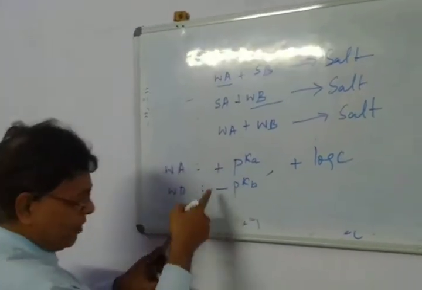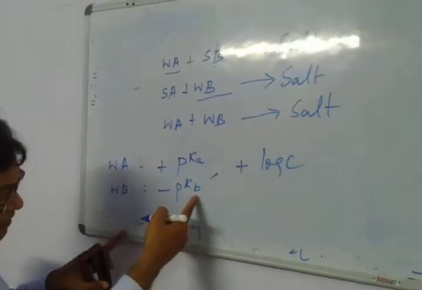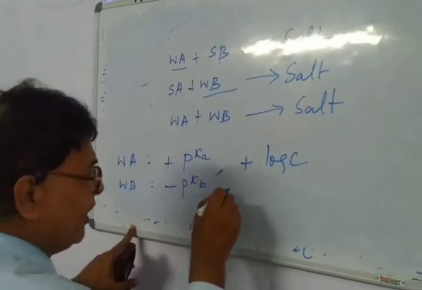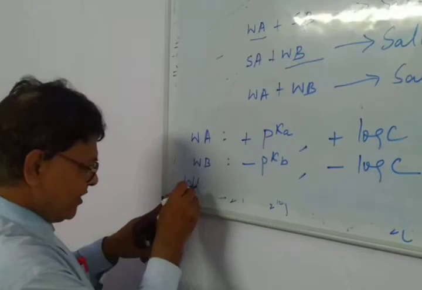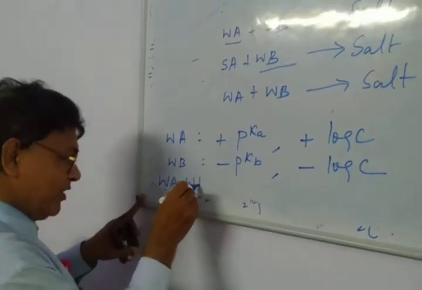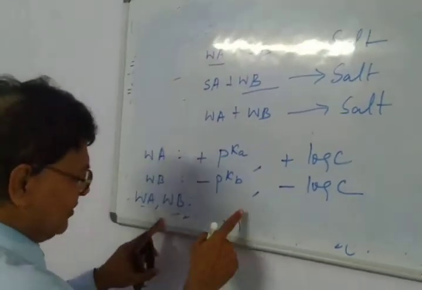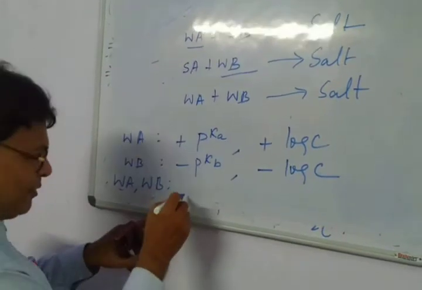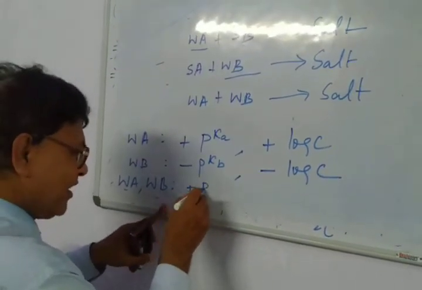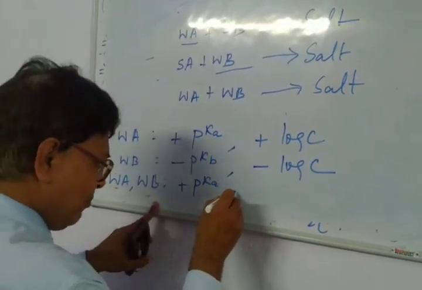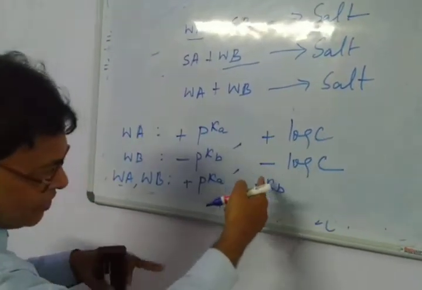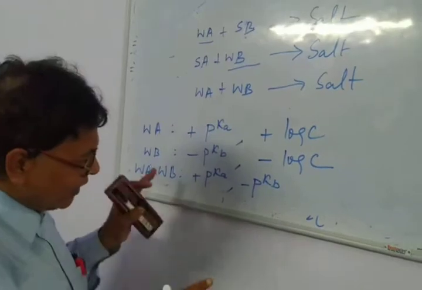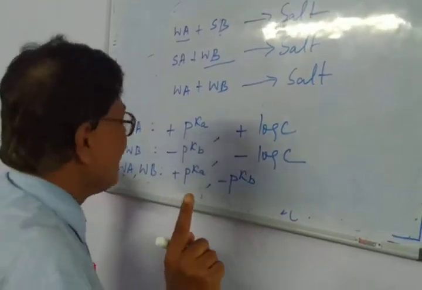Mind it, for base this is Kb, base ionization constant, and minus log C. And for weak acid and weak base we will have both half plus pKa minus pKb, and both plus log C and minus log C add up, that is nothing, 0.